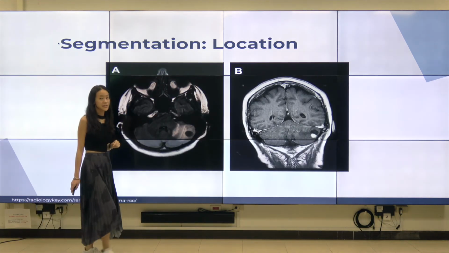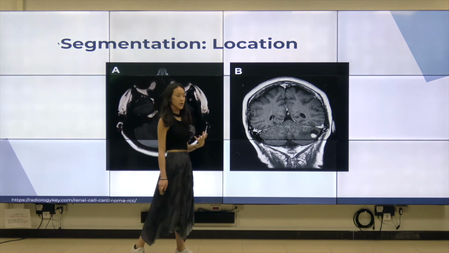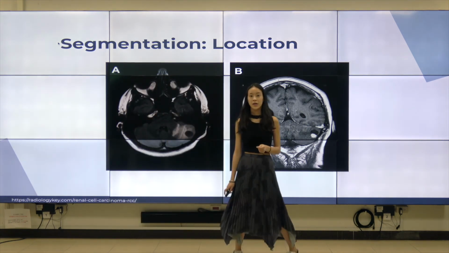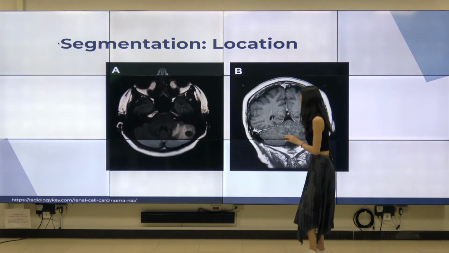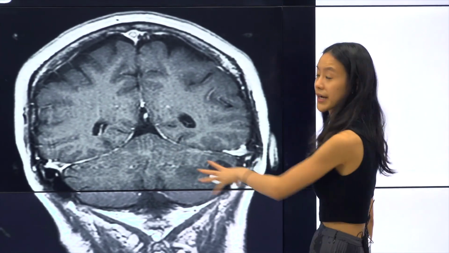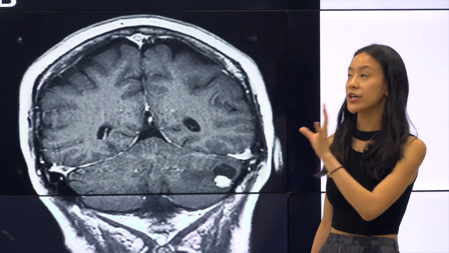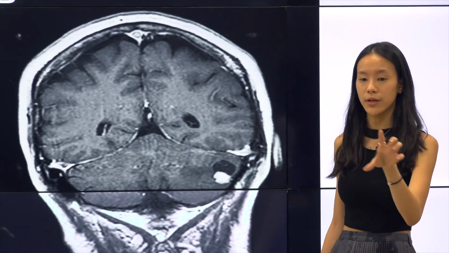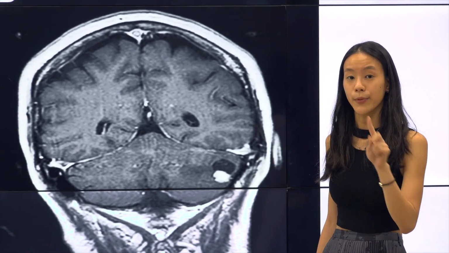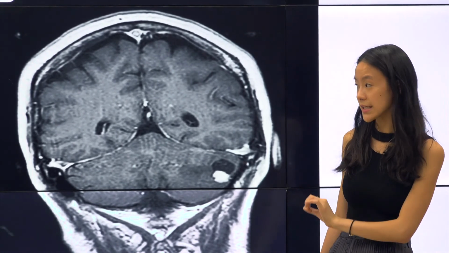For segmentation, let's look at location. A good way to think about it is, okay, we're looking at potentially only this part of the brain. So for each of these different images, what you can do is segment the brain. We're not talking about the tumor itself, but the brain.